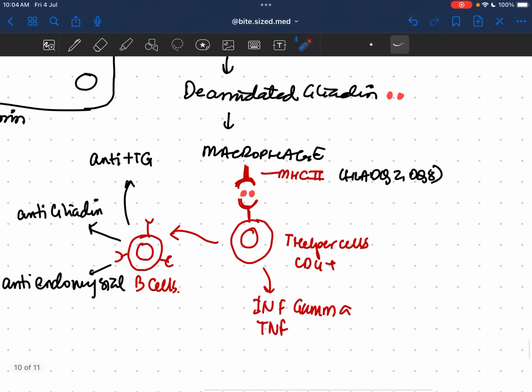So the first cell that comes into it is the T helper CD4 plus cells, and the helper T cells, they come and they have a look at the deaminated gliadin, and as a response to that, they produce inflammatory cytokines like interferon gamma and tumor necrosis factor.